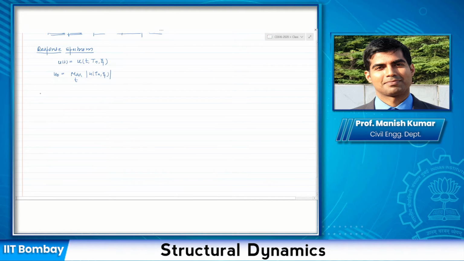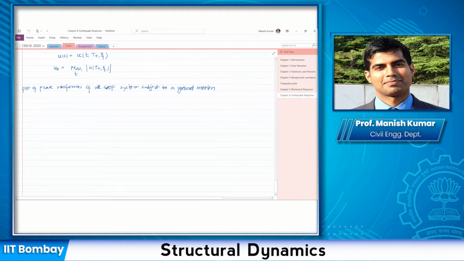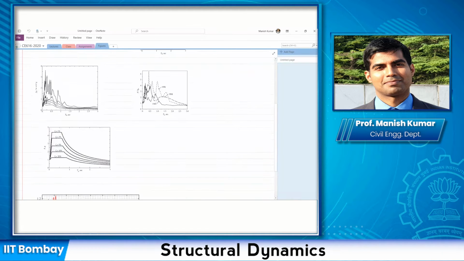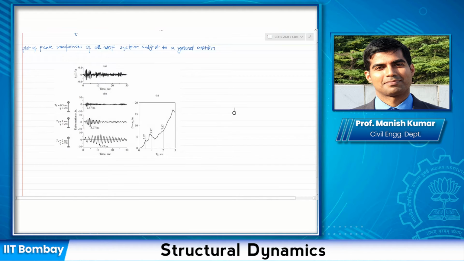Basically, the response spectrum is the plot of peak responses of all single degree of freedom systems subject to a ground motion. So what does it mean? I have already told you that, and I've shown you this picture here. Let me just copy this figure. Let us say this is my ground motion, which is given to me.